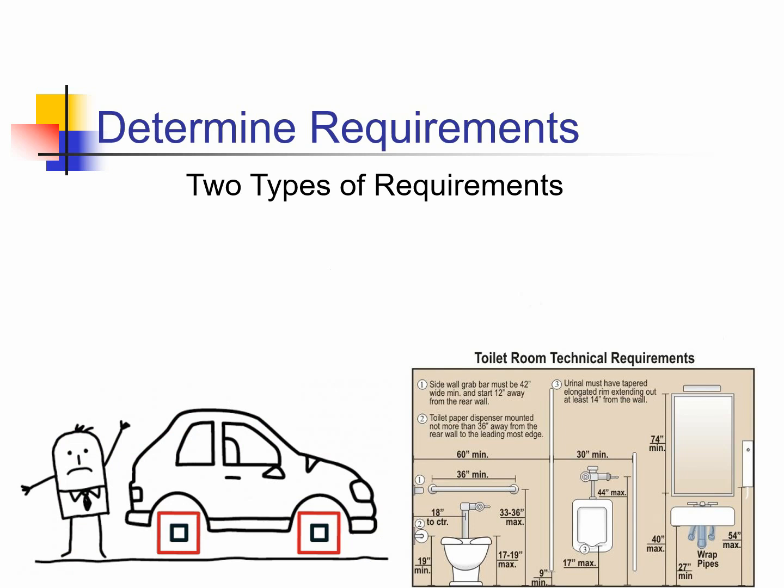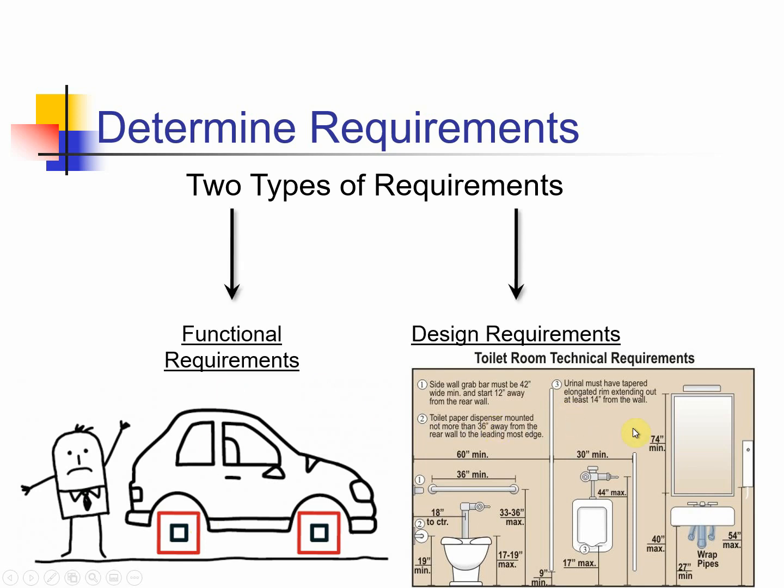Two basic types of requirements. One is functional. So this little illustration illustrates functional. A car takes a person from point A to point B. Square wheels won't work. This is a design requirement. So when you lay out a bathroom, these are the requirements.